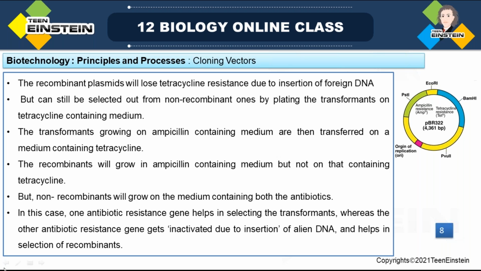The transformants growing on ampicillin-containing medium are then transferred to a medium containing tetracycline. The recombinants will grow in ampicillin-containing medium, but on tetracycline-containing medium they won't grow.